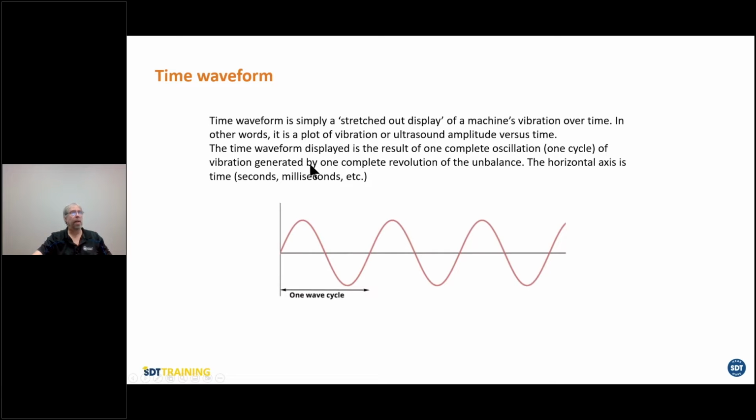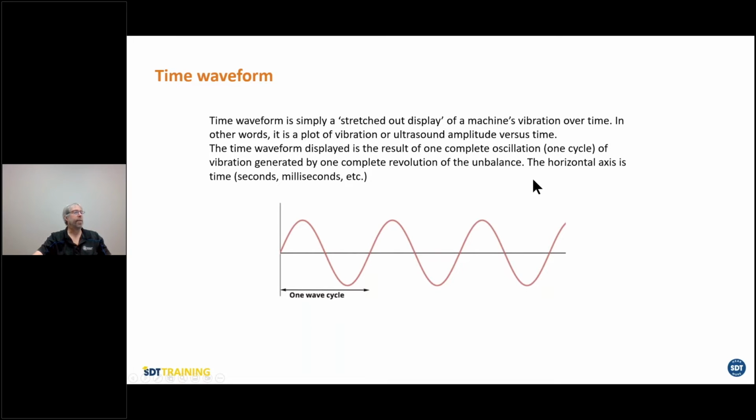First things first, I like to make sure that everybody's on the same chapter. So I'll just start with the very basics of either vibration or ultrasound. It all starts off with our little time waveform over here. This time wave is simply a stretched out display of a machine's vibration over time. In other words, it's a plot of vibration or ultrasound output versus time.